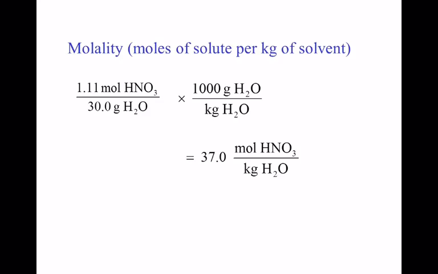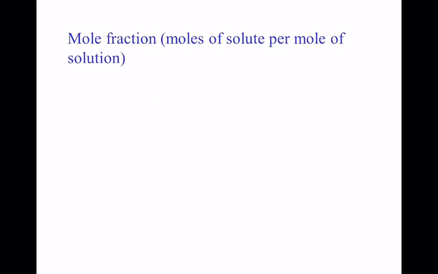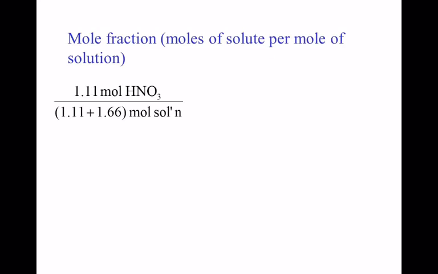So we only have mole fraction left. We put the moles of the solute, 1.11 moles of HNO3, divided by the total number of moles, which is 1.11 plus 1.66 moles. And kind of like mass fraction, we're going to let these moles cancel, so it's going to be unitless.